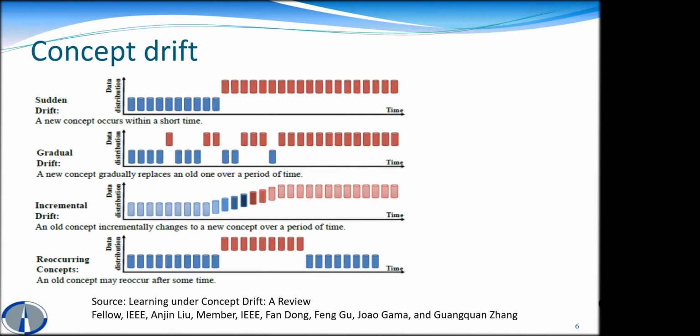This holds for the gradual drift. For the incremental drift, the instances are generated by a mixture of the blue and the red distribution, but over time the impact of the red distribution is eliminated. This is more difficult to detect. And also we have the reoccurring concept drifts. As you can see here, the blue distribution reoccurs again.